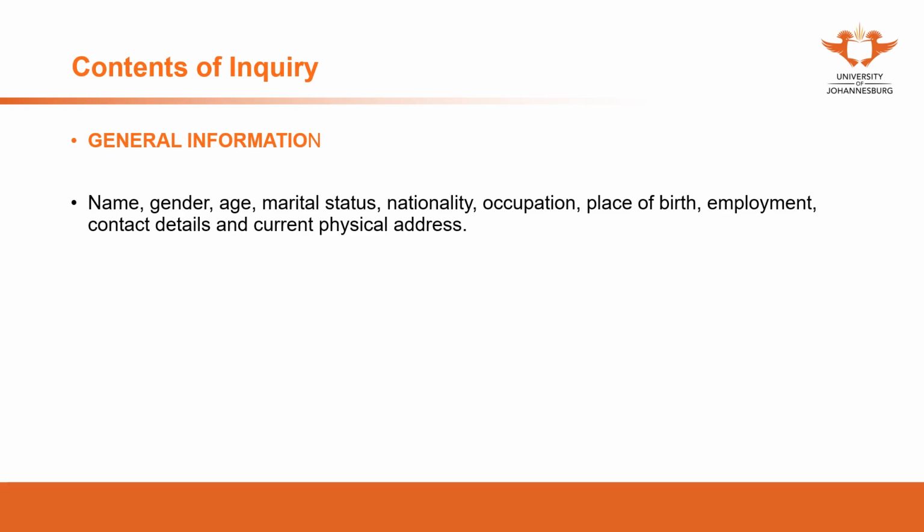So you need to have all of this information. The first is general information, including the name, gender, age, marital status, nationality, occupation, place of birth, employment, contact details, and current address.